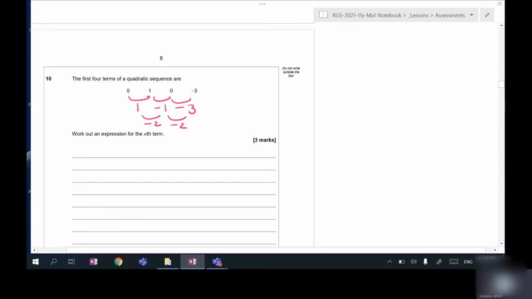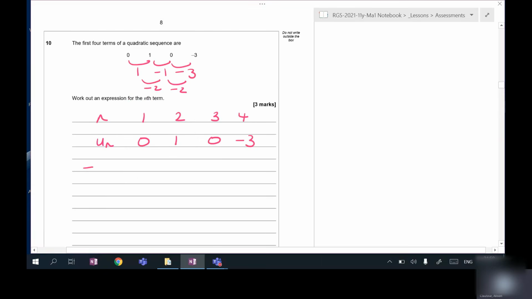So the second difference, if we halve it, gives us the coefficient of n squared. So I know I'm going to have minus 1n squared. Okay, so I'm going to make a little table. So I'll start with 0. Store the 0 in the term. First term, second term, third term, fourth term. My term un is 0, 1, 0, and minus 3.